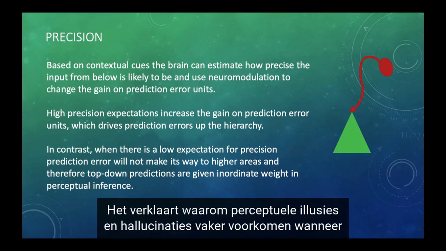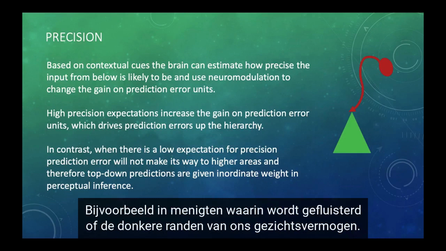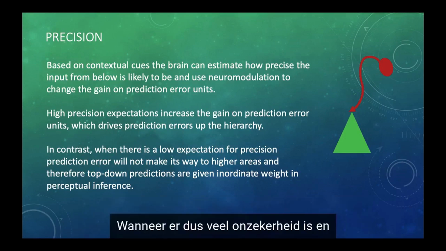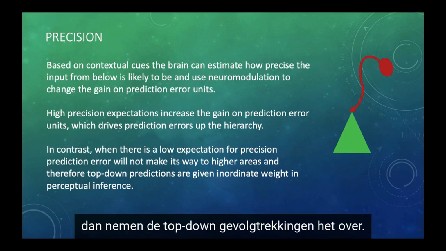It explains why perceptual illusions and hallucinations are more common when the sensory input is noisy and imprecise, for instance in whispering crowds or the dark corners of the periphery of our vision. So when there's a lot of uncertainty, when the precision is expected to be low, the top-down inferences take over.